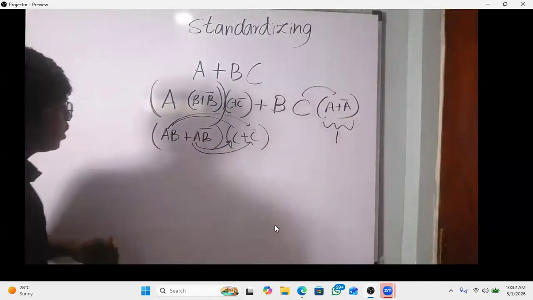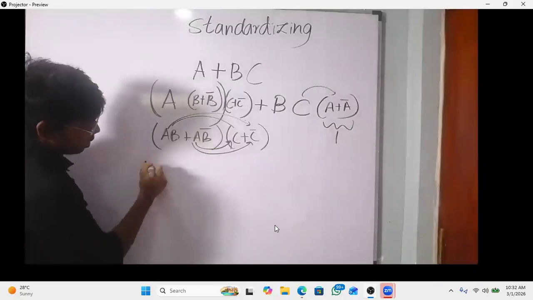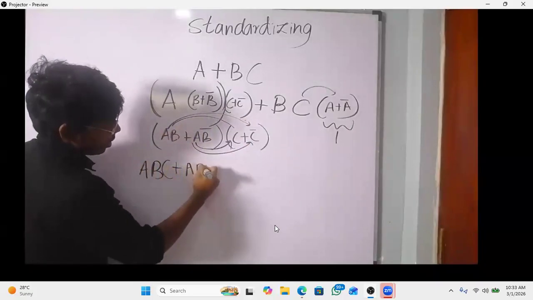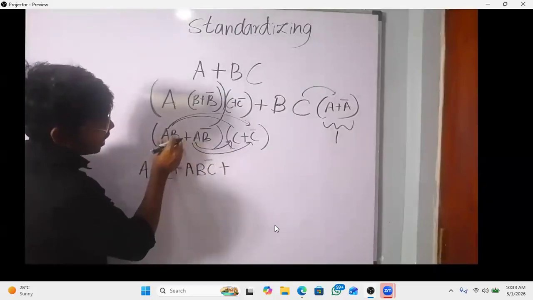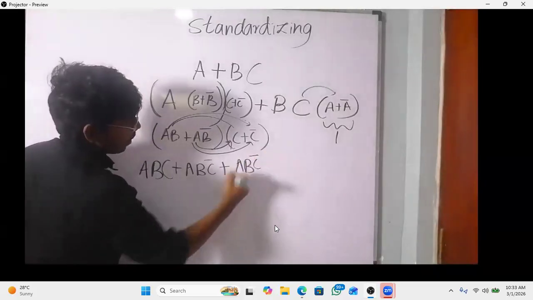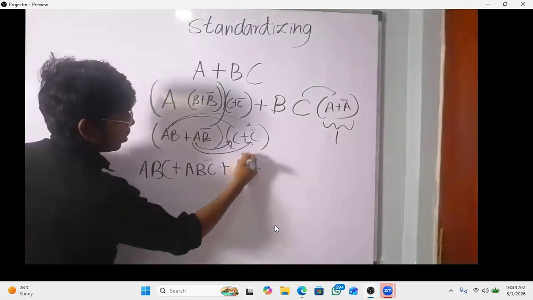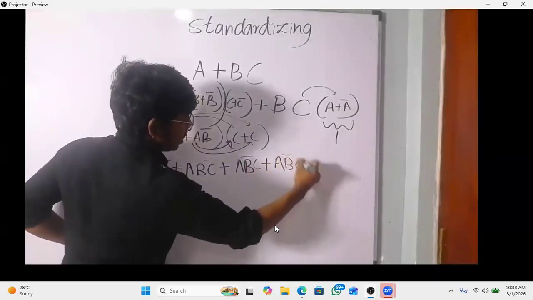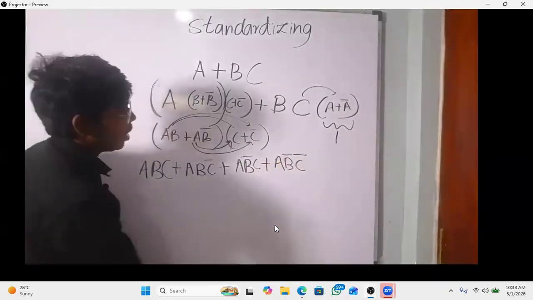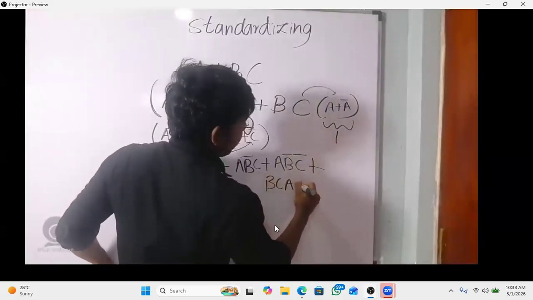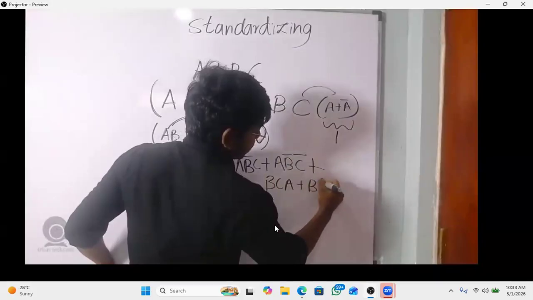Let's do it slow. ABC bar plus AB bar C plus AB bar C bar plus BCA plus BCA bar.